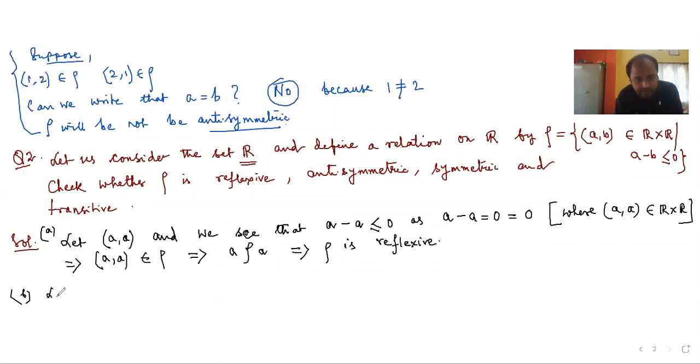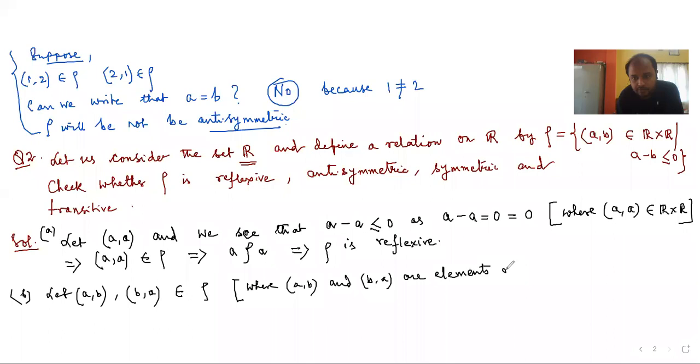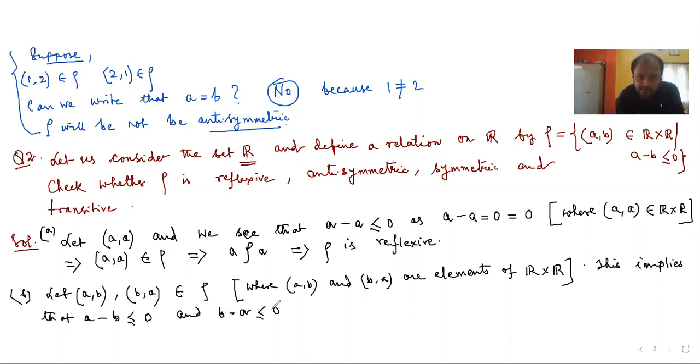Let (A, B) and (B, A) belong to rho, where (A, B) and (B, A) are elements of R cross R. Since they both belong to rho, this implies that A minus B is less than or equal to 0 and B minus A is less than or equal to 0.